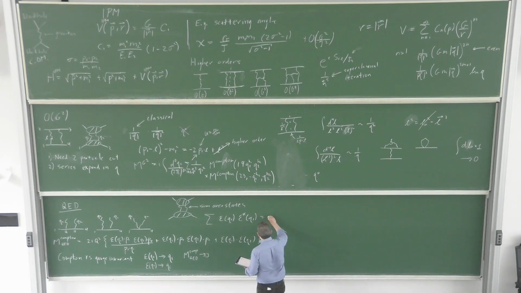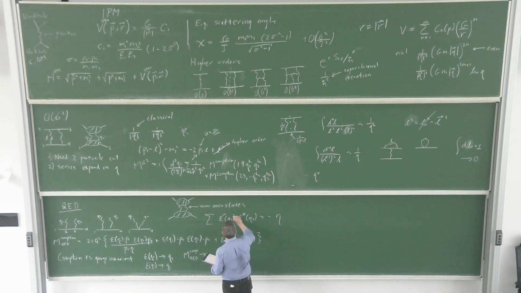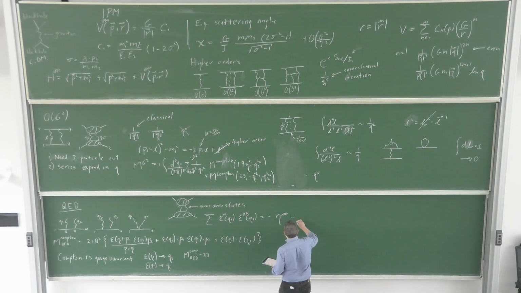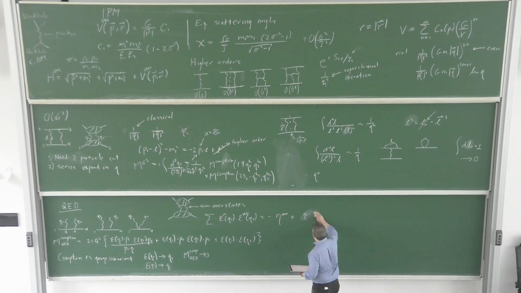As you remember, with a mu and a nu, it is minus eta mu nu, plus Q1 mu R nu plus Q1 nu R mu divided by Q1 dot R, where I call R the reference vector.